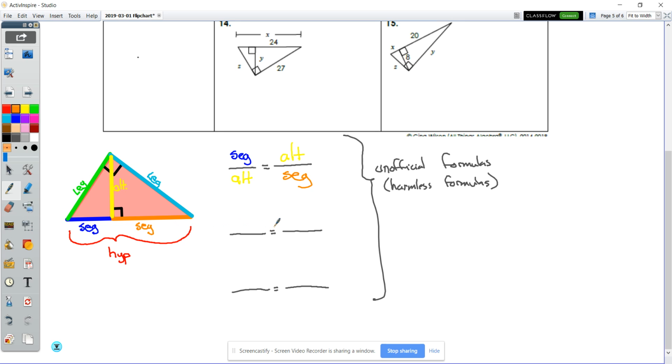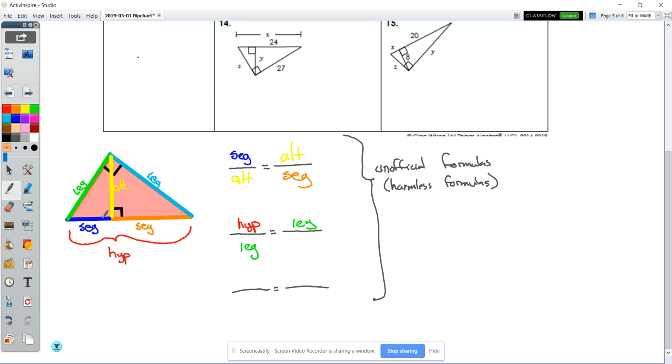Okay? The other formula has to do with the leg. Now, since there's two legs, I have two versions of it here. So let's start with this green leg over here. The leg is the geometric mean, so that's why I put it down twice. The leg is a geometric mean of two things: the hypotenuse and the segment of the hypotenuse that's next to that leg.